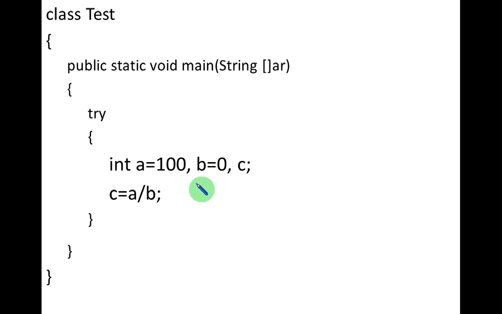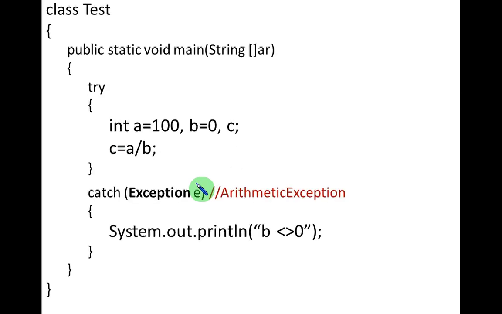Okay, so next after the try block, what will be the immediate statement which is to be followed? Yes, that is nothing but the catch block. Within this catch we can pass either the Exception. So note it down, this Exception is a class.